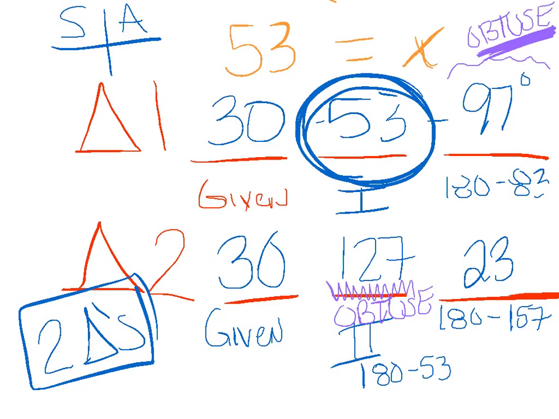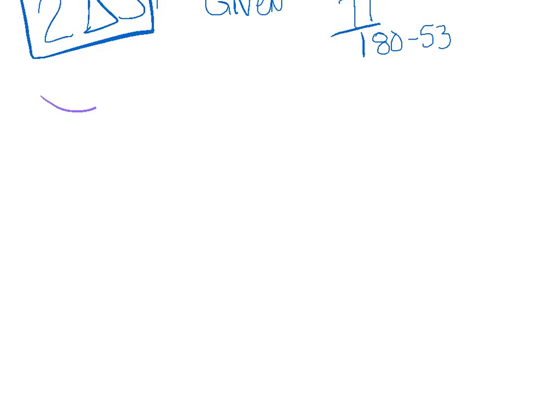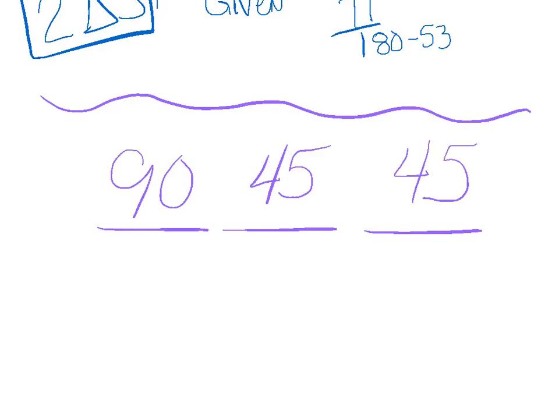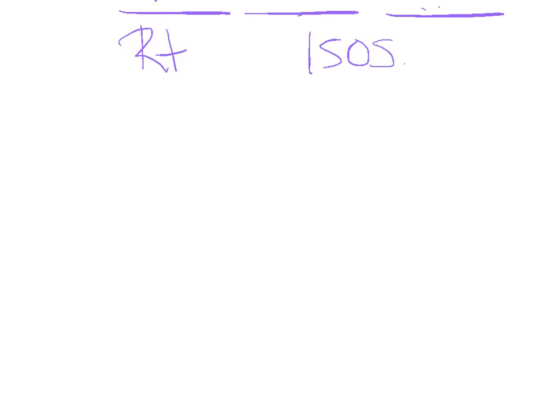Okay? And again, I'm just giving you an example, if you had a triangle that had, let's say, a 90, a 45, and a 45, this would be called a right, because it has a right angle, and since these two are the same, isosceles. And one more quick example.